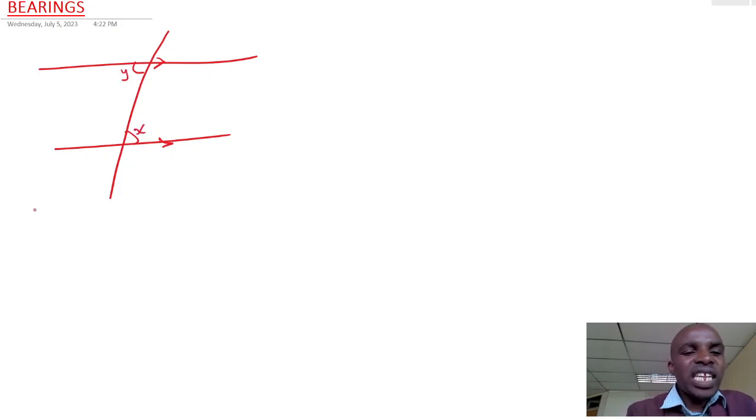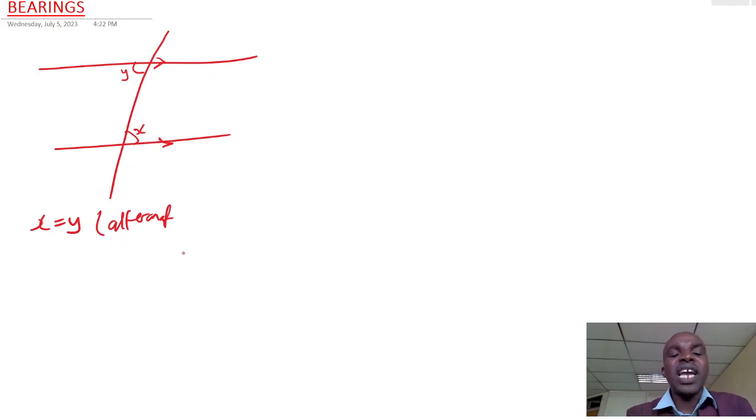X and y are said to be the same. X equals y. The reason being, they are called z angles or alternate angles. Alternate angles are actually the same. They are like on a letter z. One is inside, the other one is on the outer side.